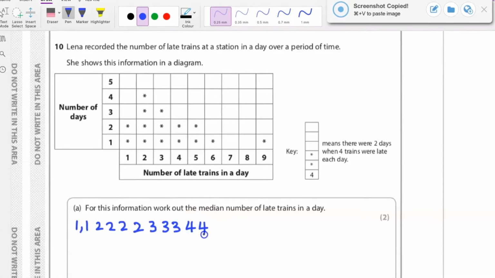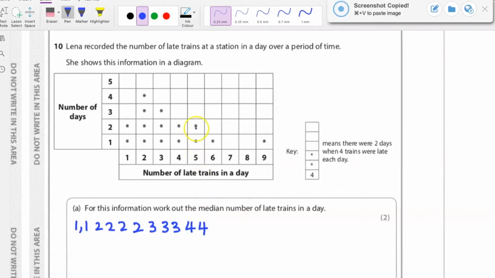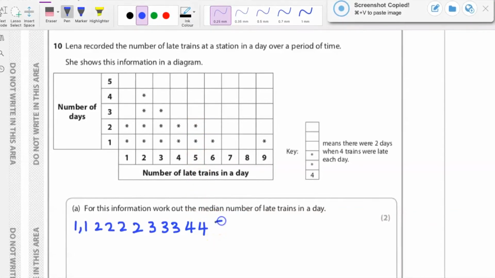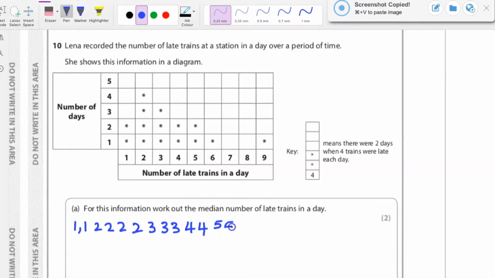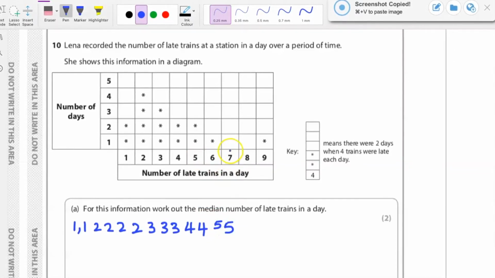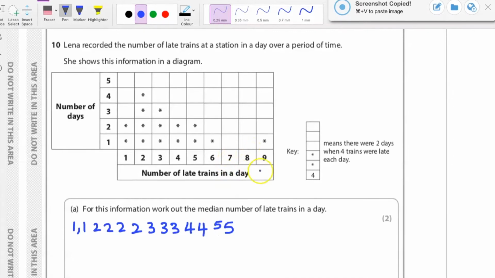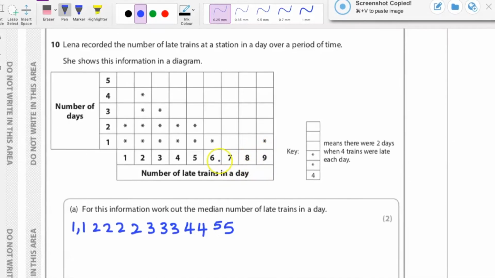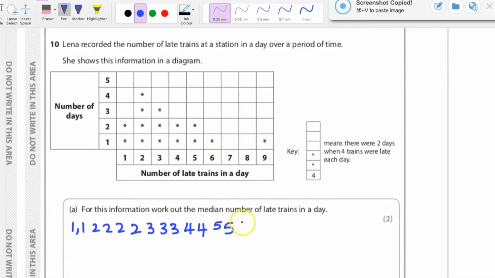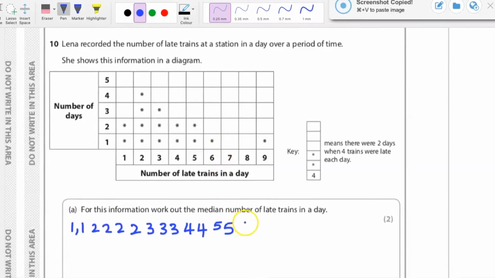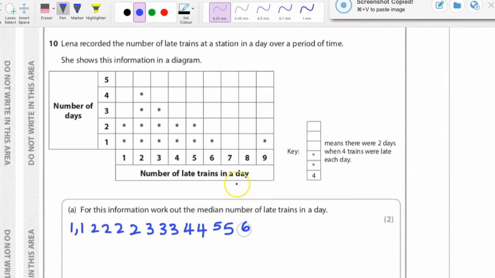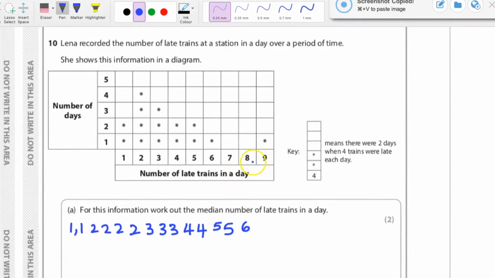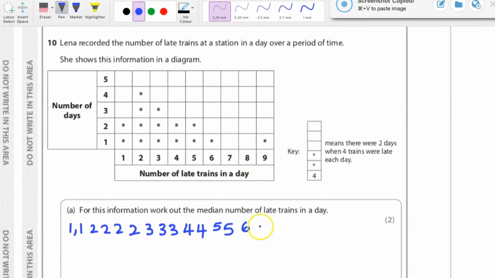For 5, we have 1, 2. For 6, we have 1. For 7, nothing. For 8, nothing. For 9, we have 1.